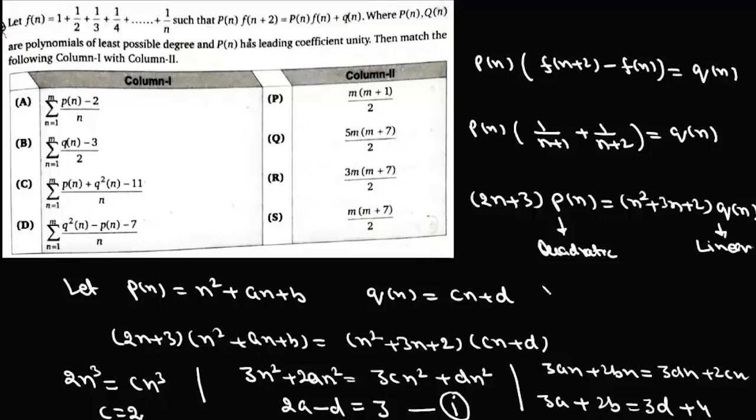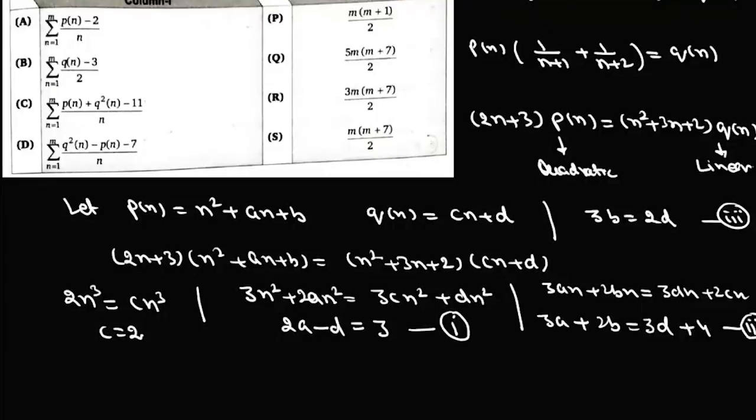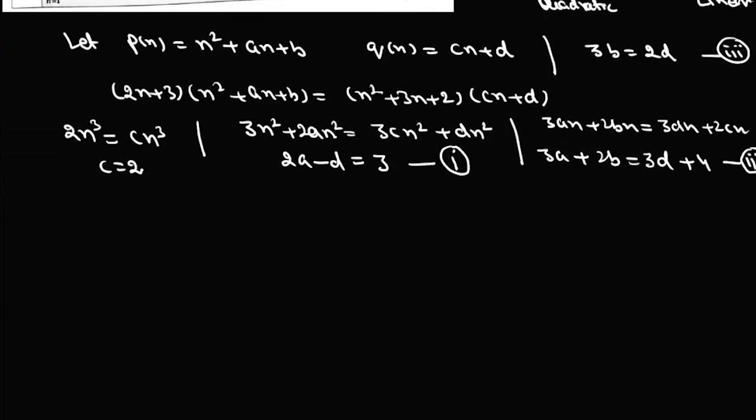And if we take the constant term, it will be 3b equals 2d. So we have 3 equations and 3 unknowns. Now we need to find the value of a, b and d.